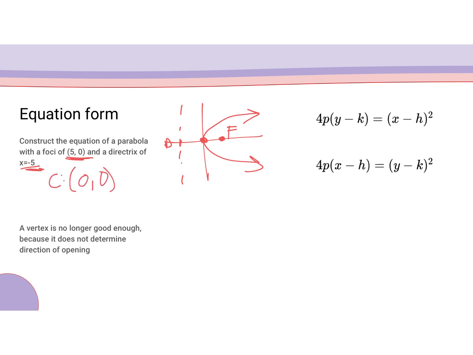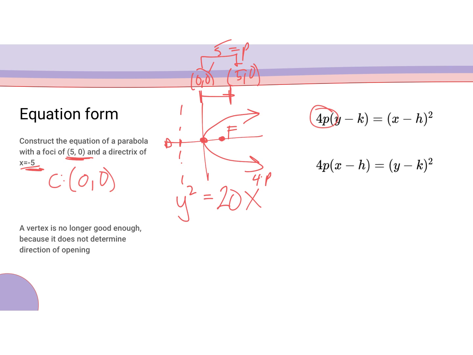That's 0, 0, so that's my center. That's almost everything I need. I now have the equation y squared equals x, but I need to figure out the 4p value. It has to be the distance between the center and the focus. Now that we know the center is (0, 0) and the focus is (5, 0), their distance is 5. That means p is 5, so the equation would use 20, because 20 is 4 times p.